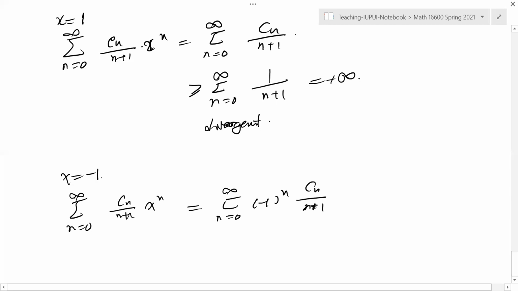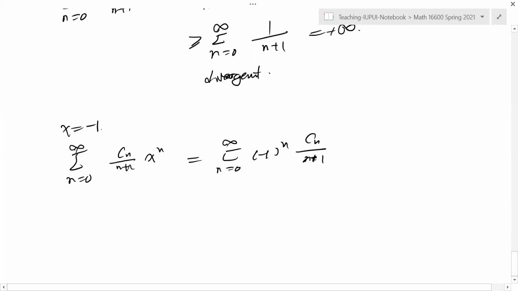Now the question is whether this is divergent or convergent. I think it's convergent, but the problem is Cn is maybe not decreasing. You have to prove that it's decreasing, and the proof is not easy.